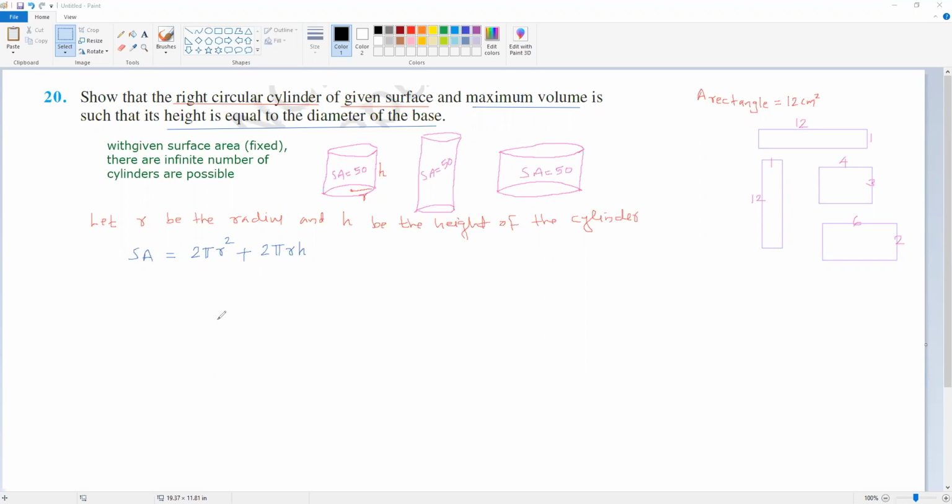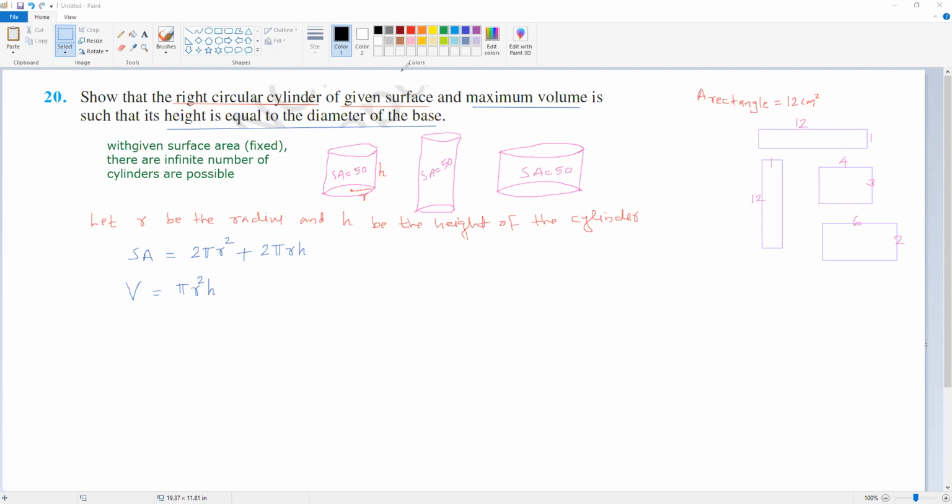Now, for this kind of question, the technique, or how we have to approach this question, is that we have to find a formula for the thing which is to be maximized or minimized. So here we have to maximize the volume. Volume of a cylinder is equal to pi r square h.